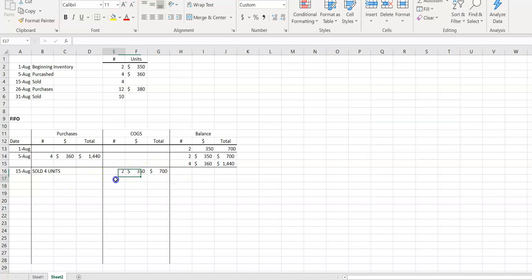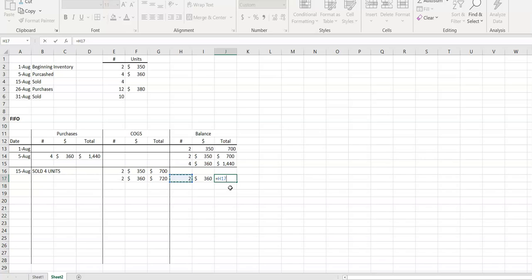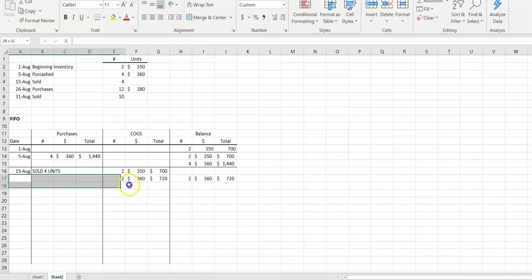All right, I still need 2 more units. So they're going to come out of these 4. So I'm going to have 2 at $360. And then on my inventory, these 2 are gone, and I now have 2 left out of the $360 cost batch. All right, and my ending inventory is $720.